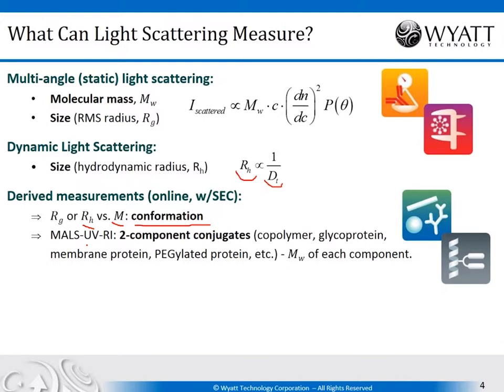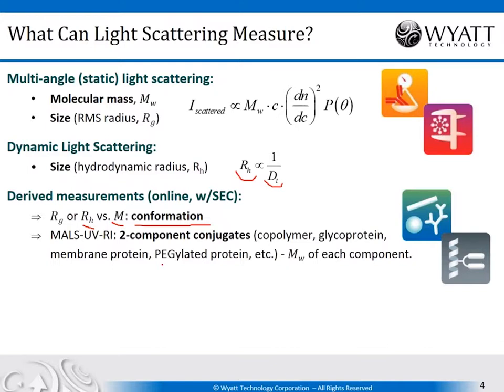We can also utilize multiple detectors to characterize multi-component complexes. So for a standard species, which consists of, say, a single type of protein or a single type of polymer, simply by measuring the concentration with a single concentration detector and light scattering, we can determine molecular weight. That doesn't really work when you have a conjugated complex, for instance, a glycoprotein that combines sugars with standard protein, or a membrane protein, which is eluting bound to the surfactant that is used to solubilize it, or pegylated protein.